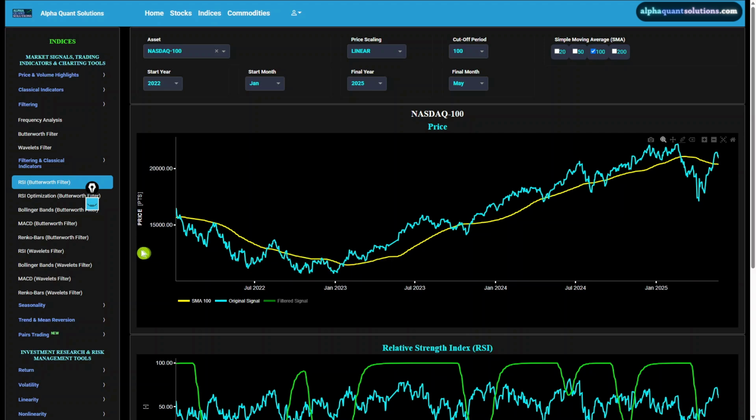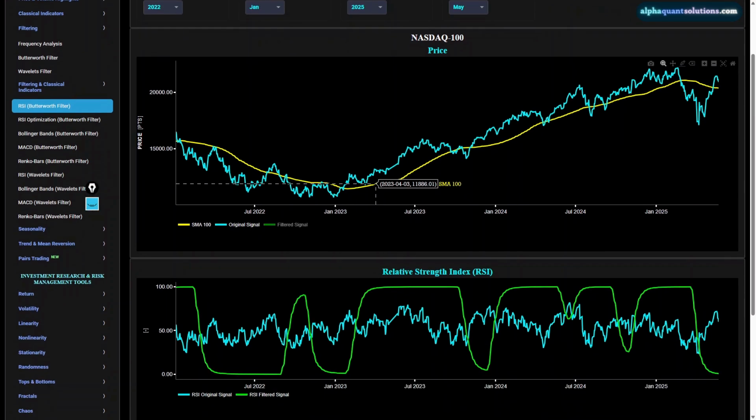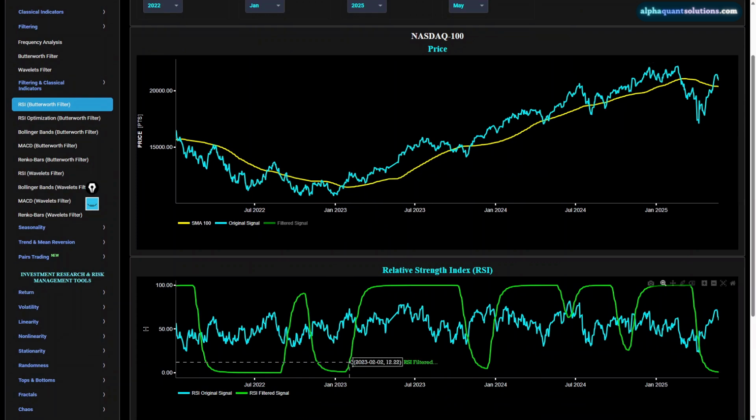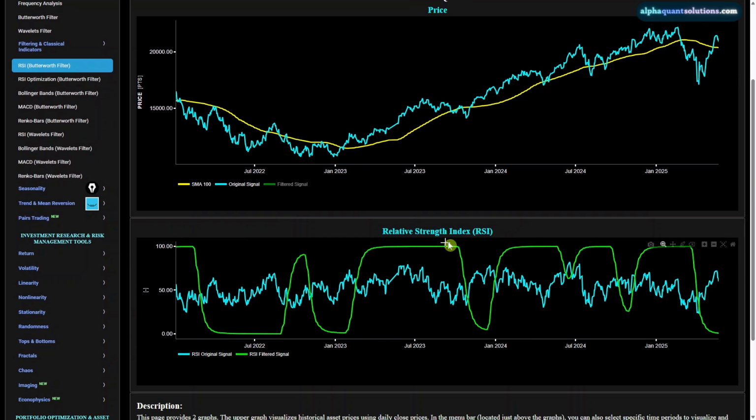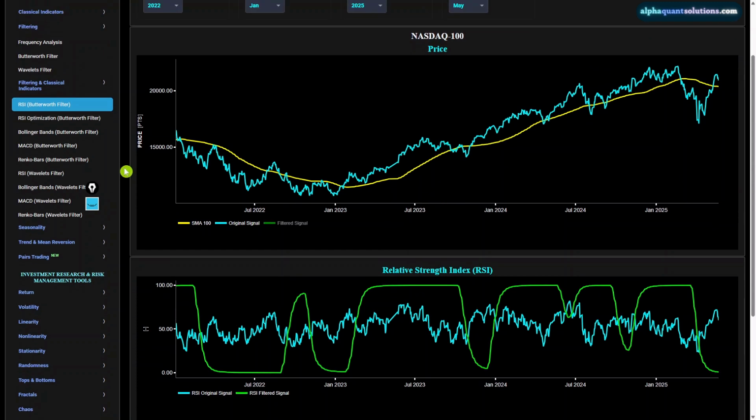For instance, if the price is above the SMA, then allow the trade to happen, which would be this case. And if the price is below the SMA, then close the position. By adding these additional constraints, we can also remove some losing trades.